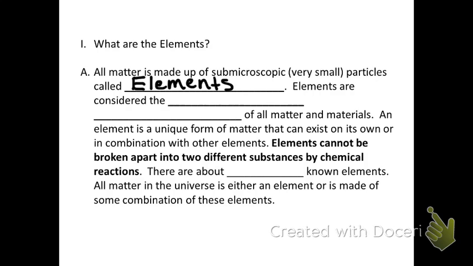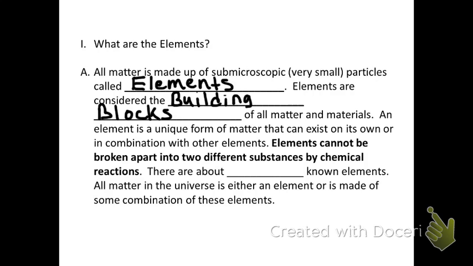Elements are considered really more or less the building blocks of all matter. Which essentially means that all matter in the universe is composed of or made up of elements.